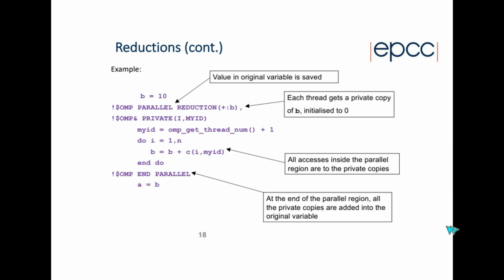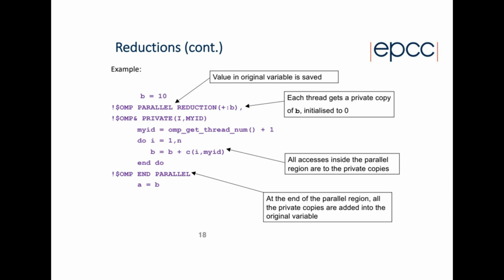Anthony asks, can the reduction be requested for more than one variable? Yes, you can have a list of variables in there. If you want variables with different operators, then you need more than one reduction clause. So you can have reduction plus colon b, and then reduction max colon z for another variable.